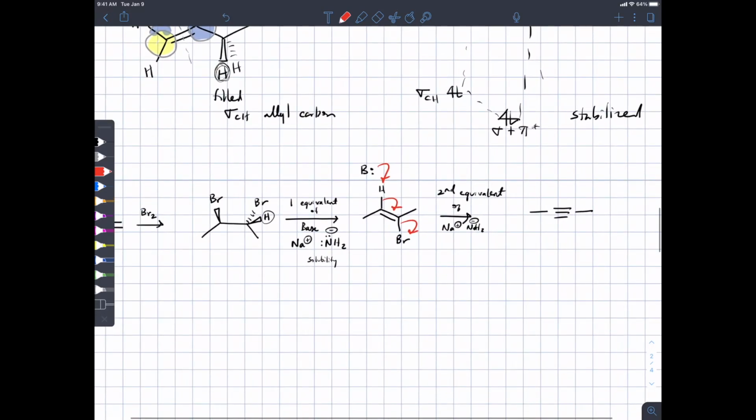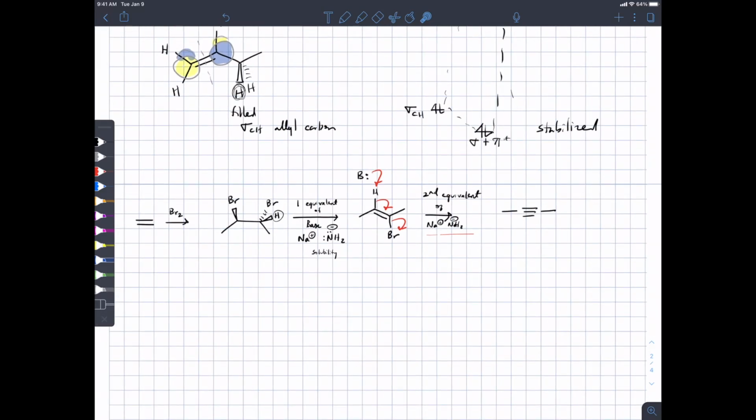It's a little tougher to do the second elimination. So I think if you want to, you can stop here. But alkynes happen to be useful synthetic intermediates, at least in 351 questions. So knowing how to take a starting material that has two adjacent bromines, these are called vicinal dibromide molecules, and converting them into an alkyne is a useful synthetic interchange.